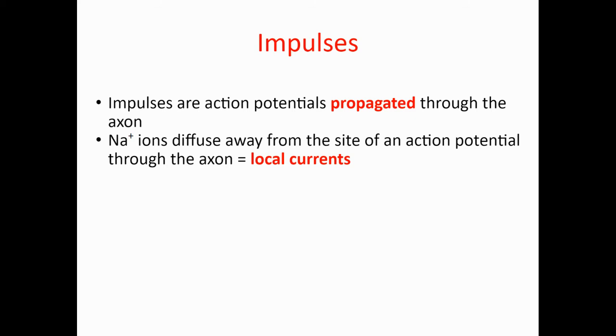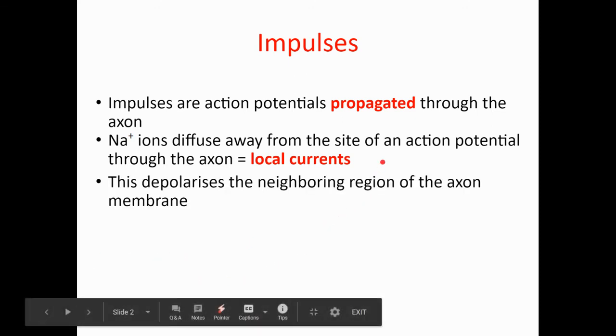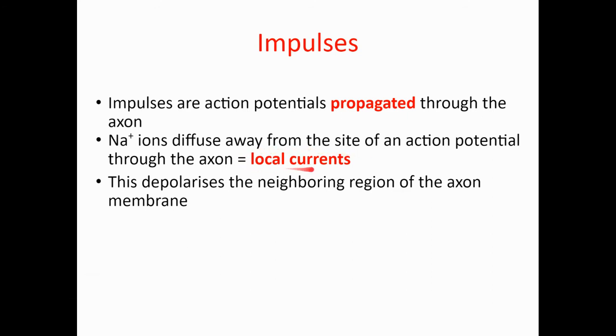Now, this movement of ions, if you think a movement of a charge, that's a current. Okay, so a key word we have to use when we're describing what happens is as the ions diffuse, they create localized currents. We'll have a look at what that looks like on the axon in a moment. Now, that localized current is just the ions moving through the axoplasm.